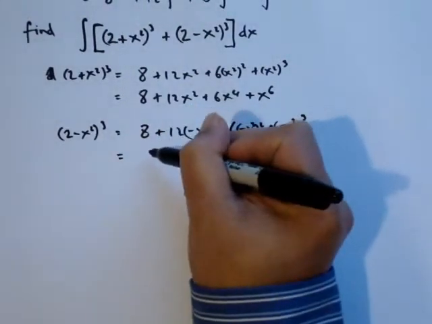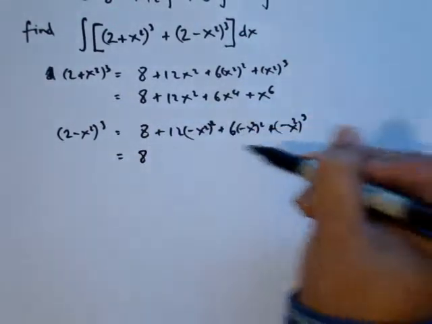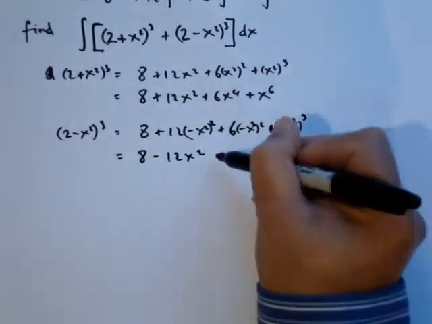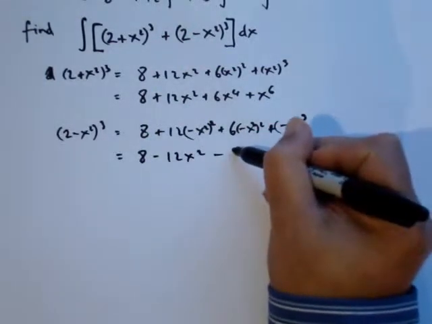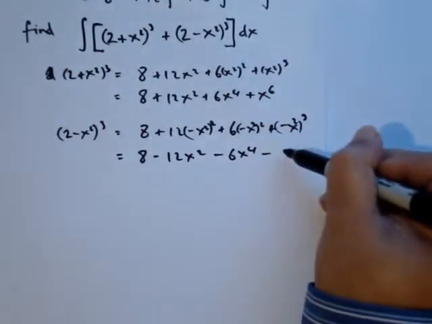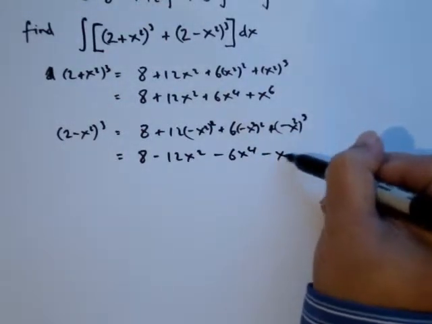And when we work that out, that gives us 8 minus 12x squared plus 6x to the power 4 minus x to the power 6.